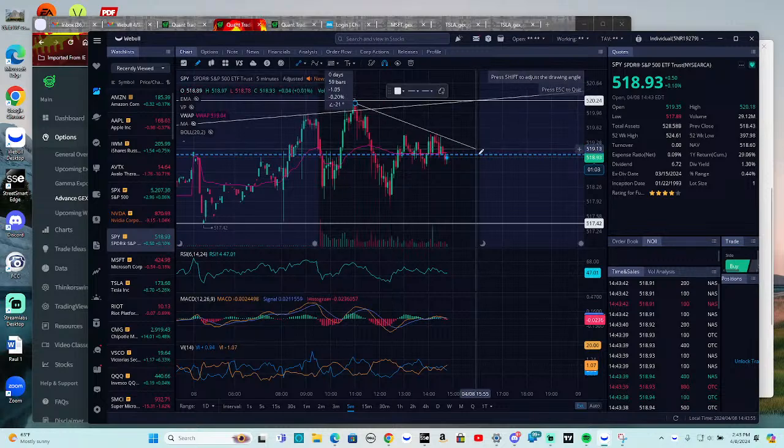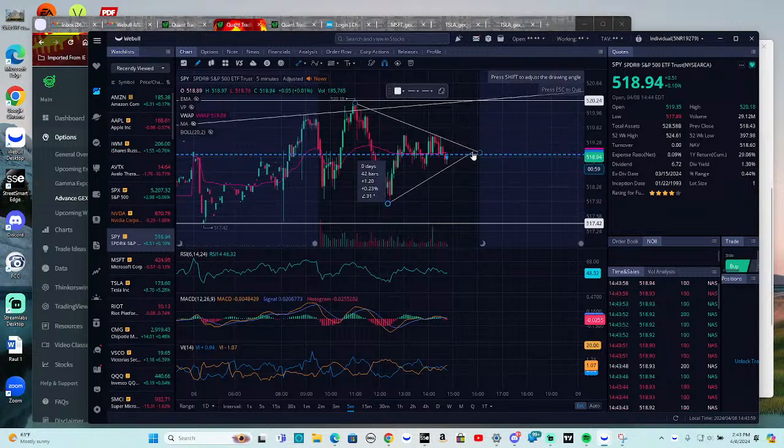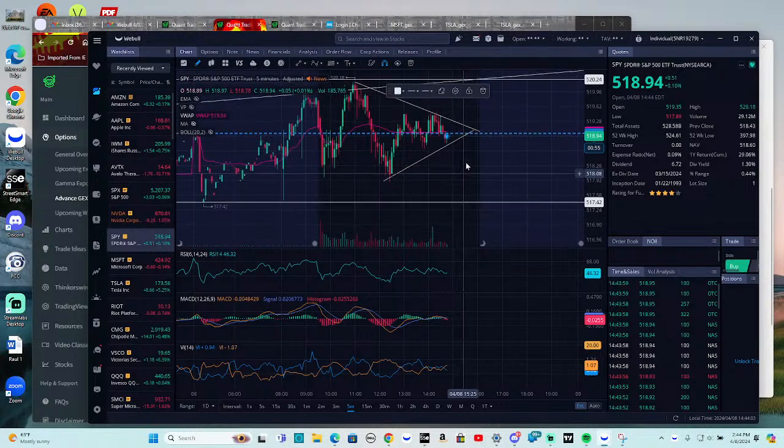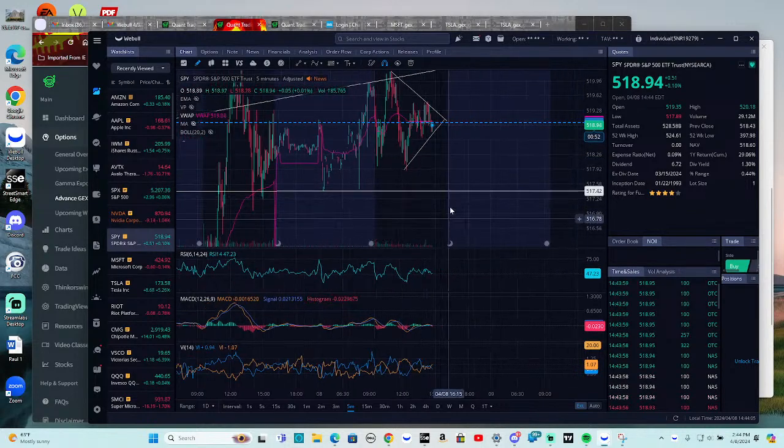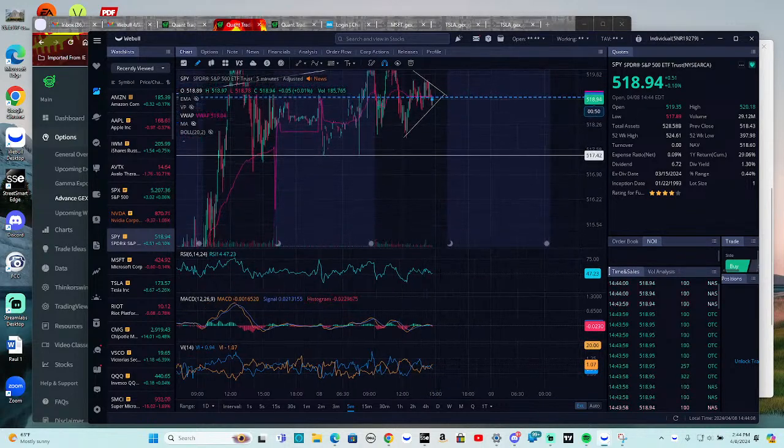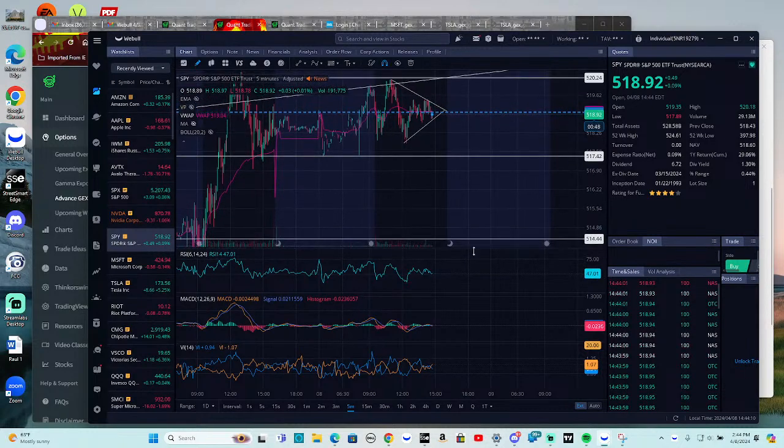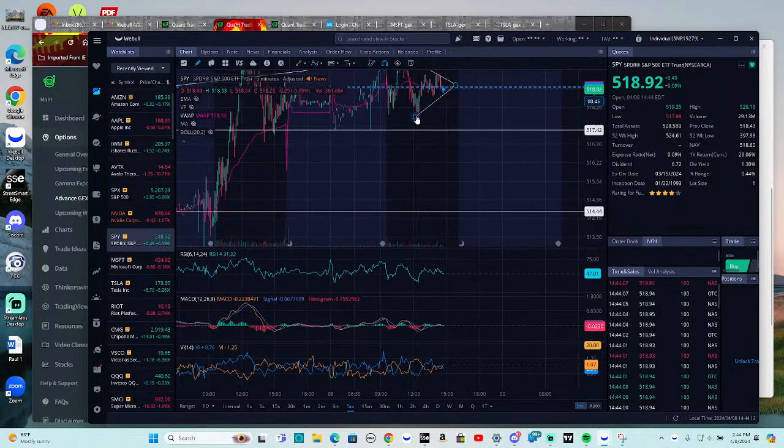And we're actually going to see this forming right here. A nice little symmetrical. Wonder if that goes all the way back, just for kicks. Pretty interesting.